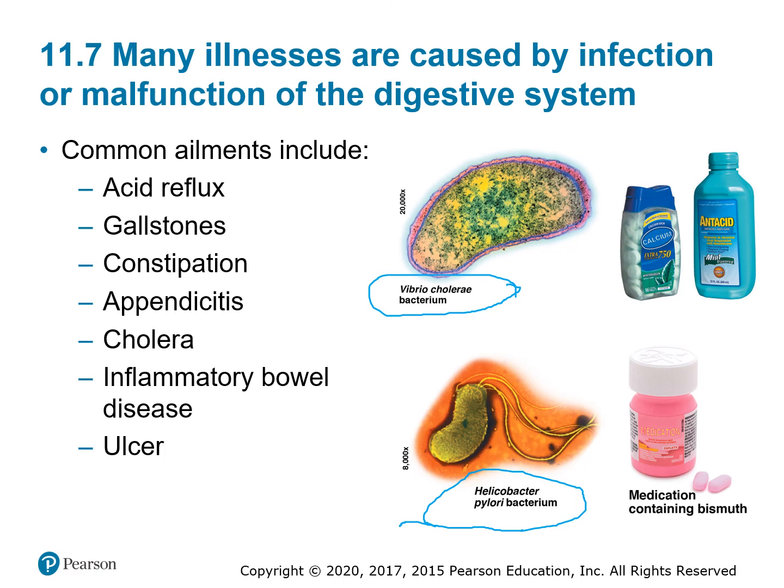And that results in sort of this agitation and tearing of the lining of the stomach that can cause an ulcer. So that can be treated with medication, sometimes antibiotics also.